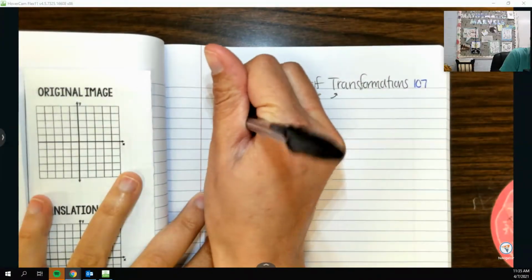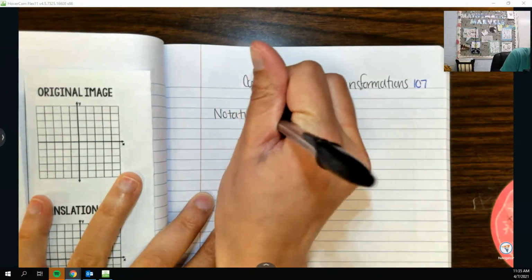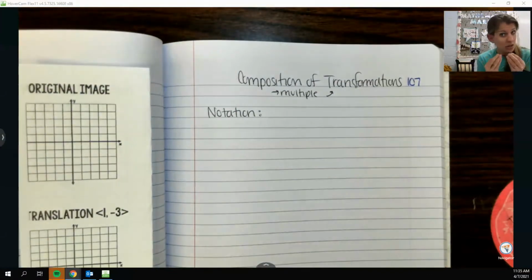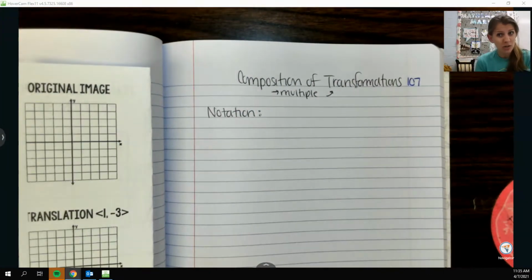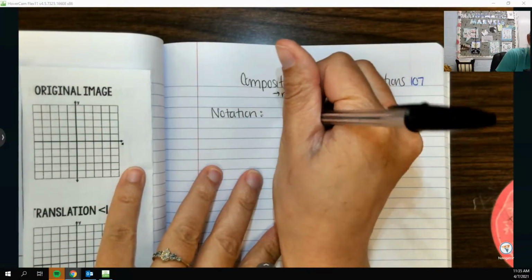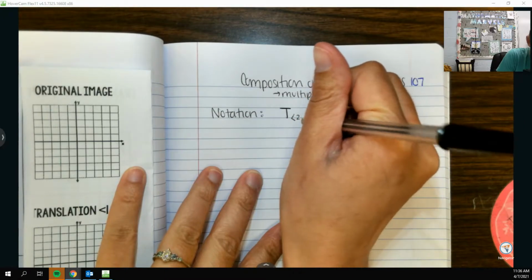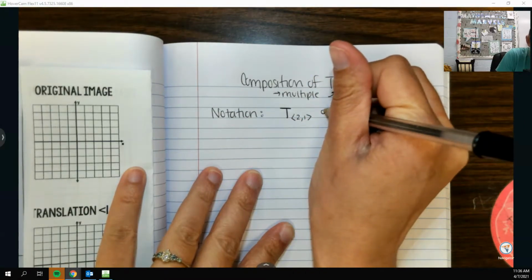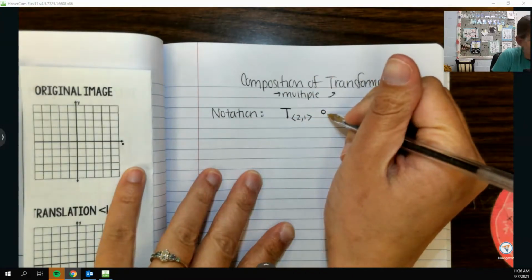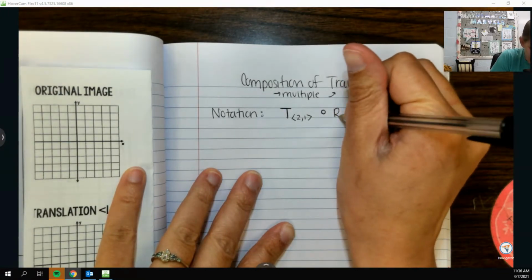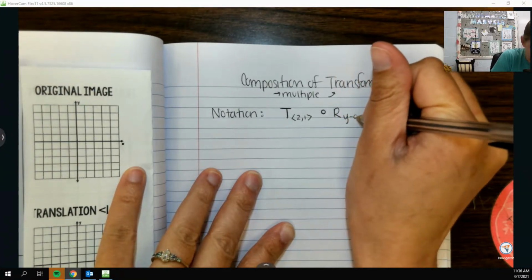So our notation here, if I'm going to correctly tell someone how to do a composition of transformations, if I were to do something like T (2, 1), use this little circle thing, and then R y-axis.